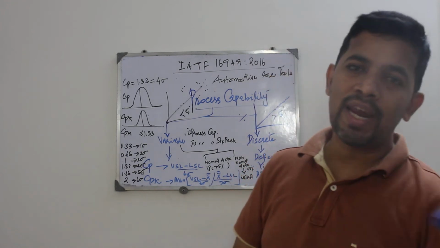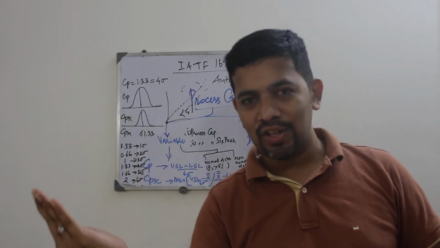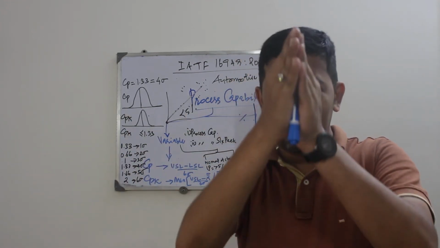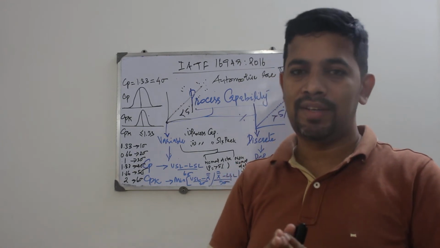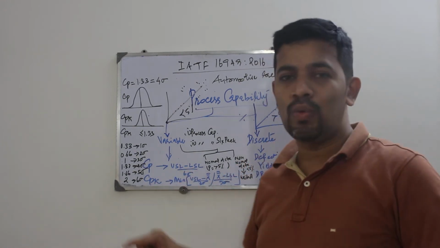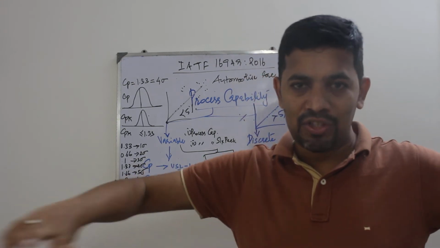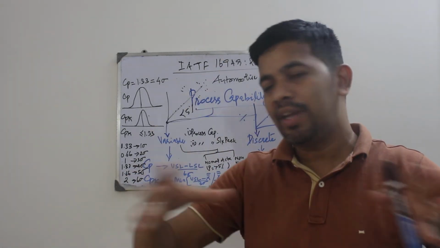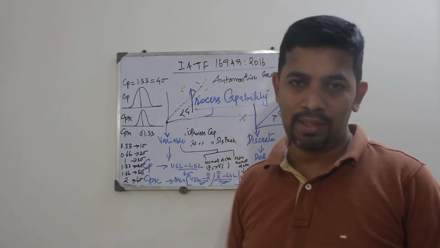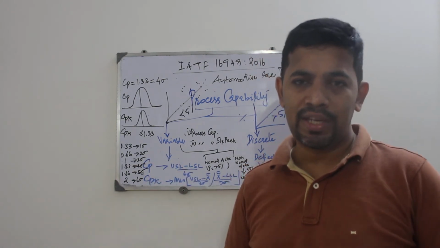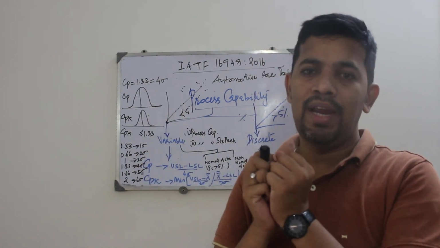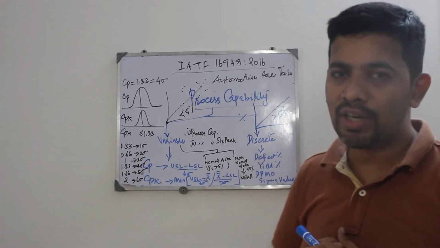That means 90 is your LSL, 110 is your USL, and the middle one is the target, that is 100, right? And then 6 into sigma, sigma is nothing but standard deviation, how much standard deviation you have, and that is the spread, right? So you will be able to get the CP. CP takes the process specification and whatever target the customer has given.